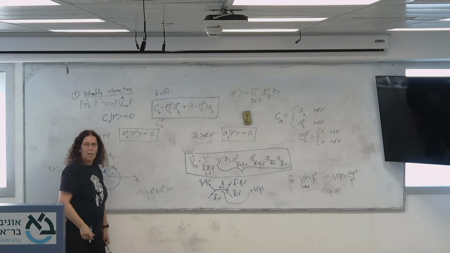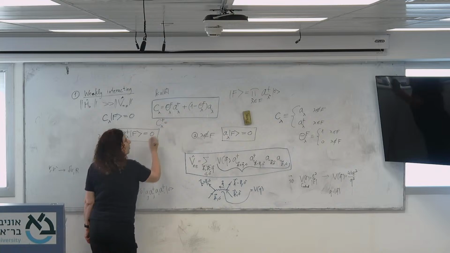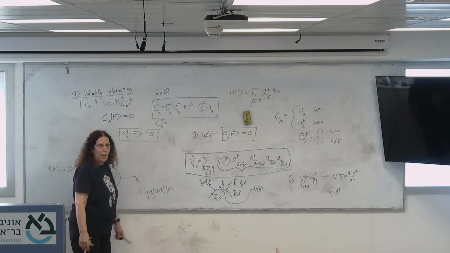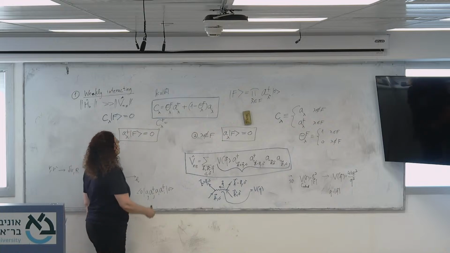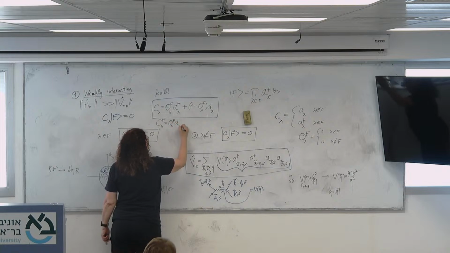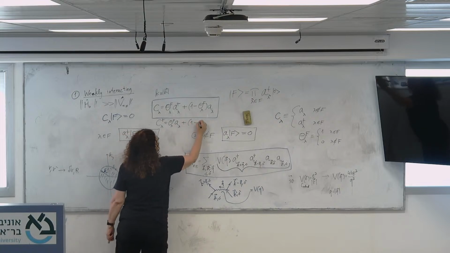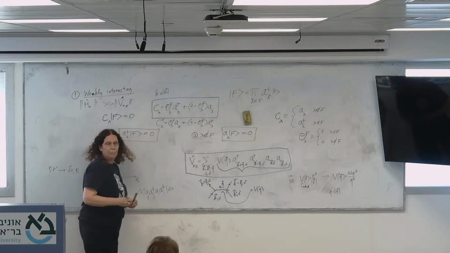What will be the C dagger? Just by definition, it's the Hermitian conjugate of this. These coefficients are real, so it's theta F of lambda times A lambda plus 1 minus theta F times A lambda dagger.